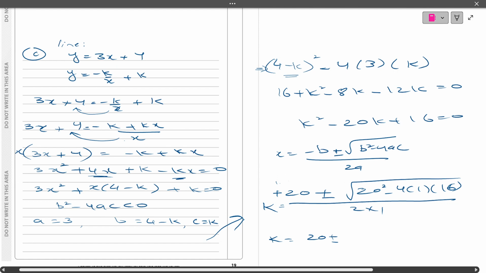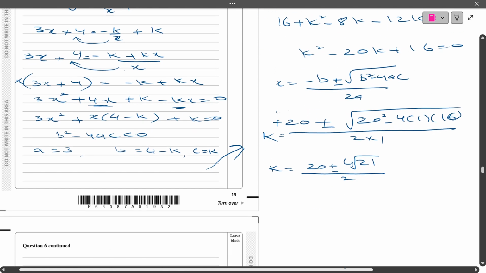336, and the square root of 336 is 4 root 21, over 2. I can take 2 common. So 2 into 10 plus minus 2 root 21 over 2, this is cancelled. So I have two values of k, 10 plus minus 2 root 21.